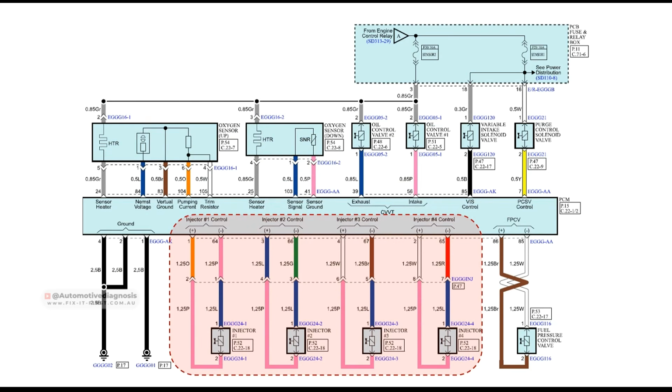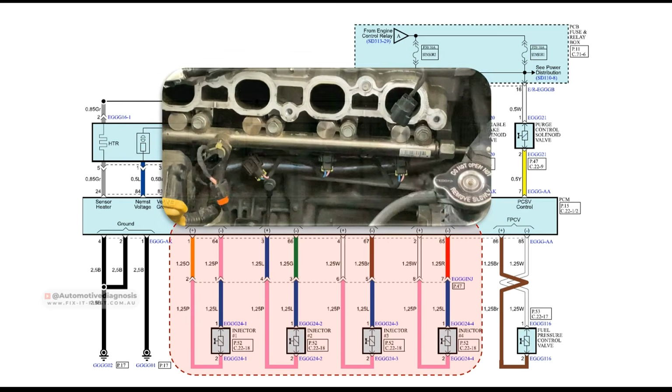But because this car has a GDI fuel system and GDI injectors, both wires on the injectors are connected directly to the PCM. This is very important when you are diagnosing the injectors, to have a look at the wiring to make sure what sort of wiring you should expect.